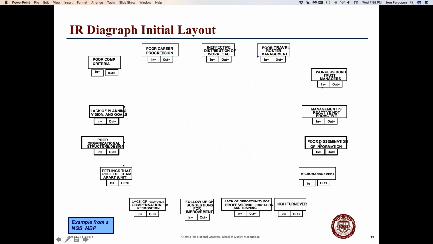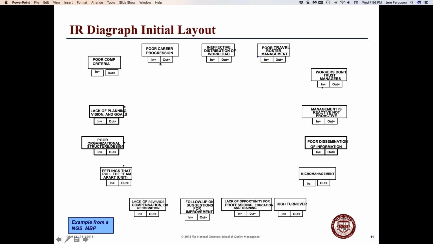Okay, so here are the squares that we have on the wall. If you notice, in this particular example there are words relating to whatever the topic was that we had here. I think this one was done for promotion or something like that, because you've got poor career progress. Then you've got what they call an in and out.